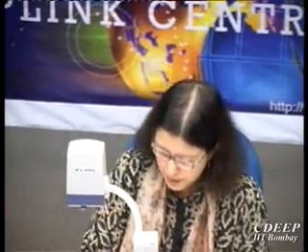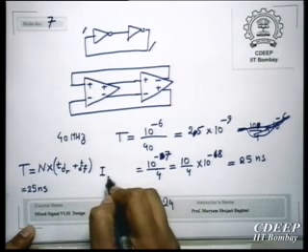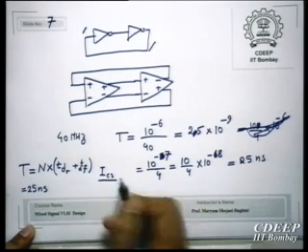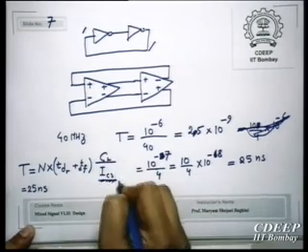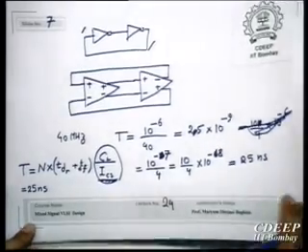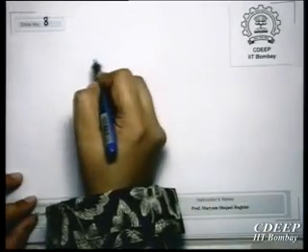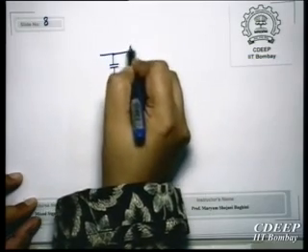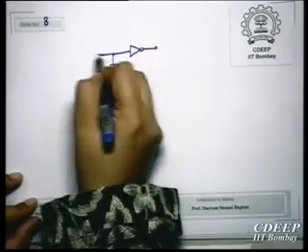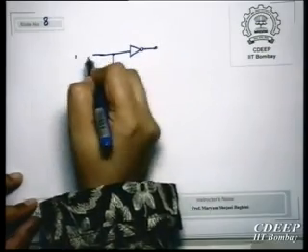So essentially it means that your delay is determined by the current source, right? C L upon I. What will be the model? Model is like that. You have C, this is inverter, and here is the current source.